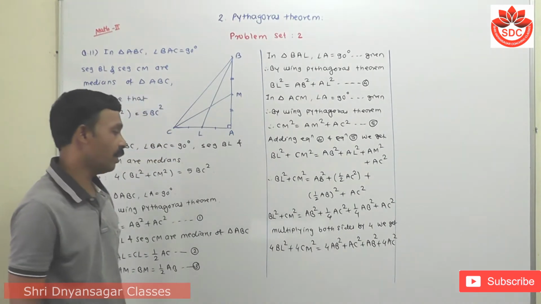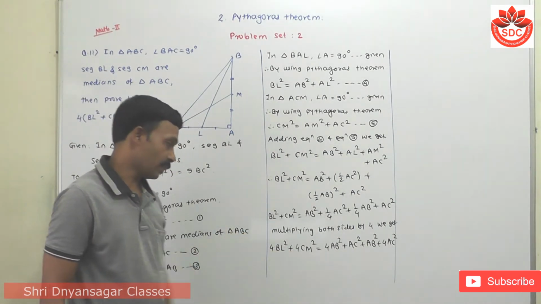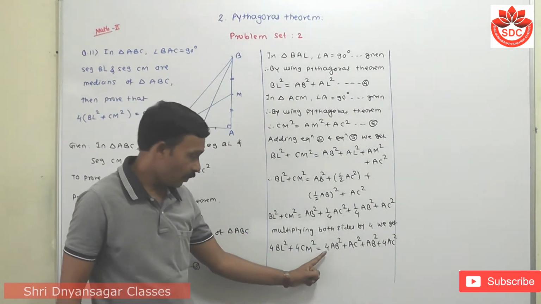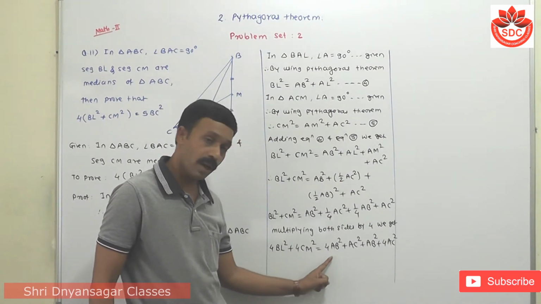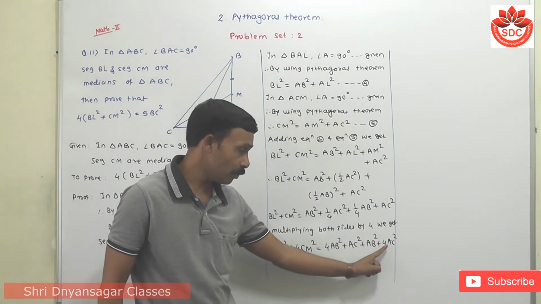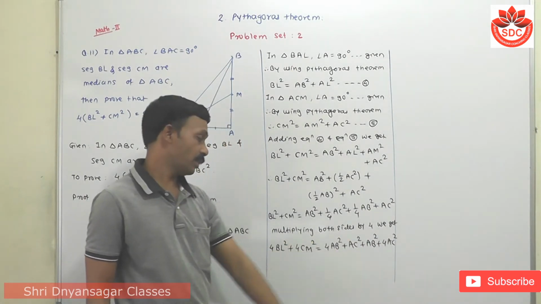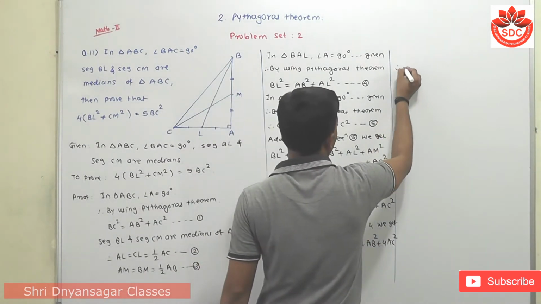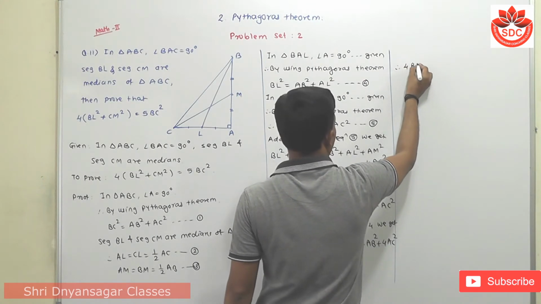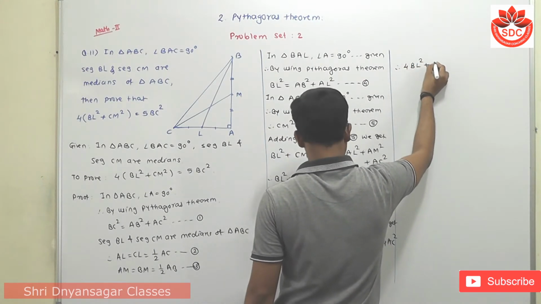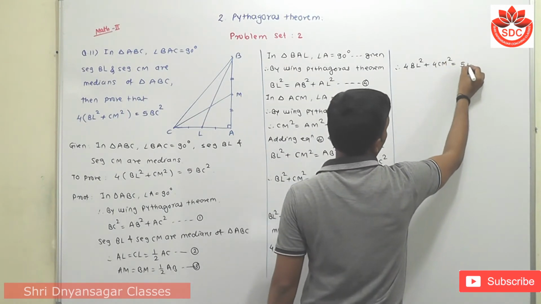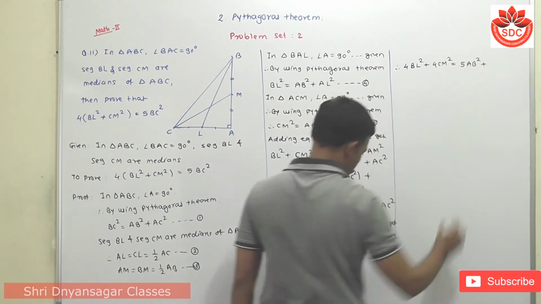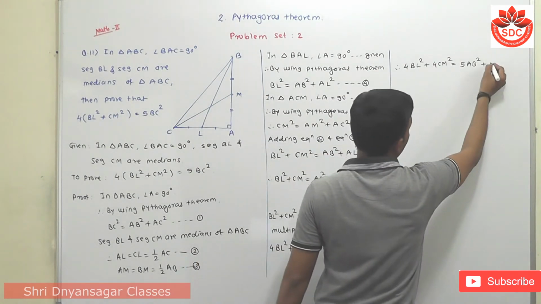Then observe carefully: this is 4AB square and this is AB square, the addition is 5AB square, and AC square plus 4AC square is 5AC square. Therefore 4 in bracket BL square plus CM square is equal to 5AB square plus 5AC square.